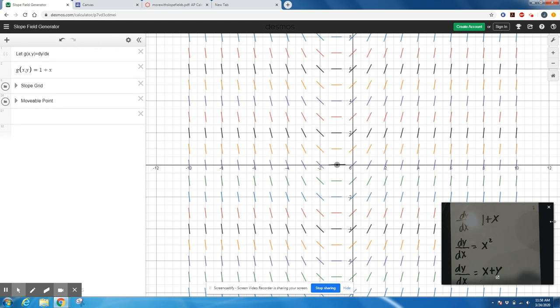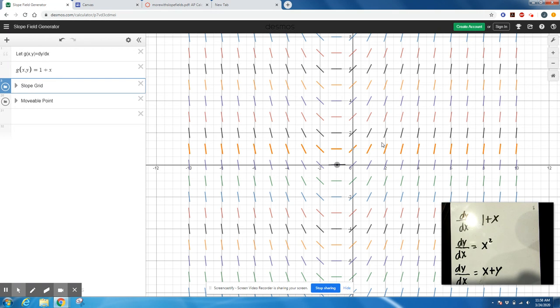If the derivative is 1 plus x, the antiderivative is a parabola, specifically x plus x squared over 2. So it makes sense to me that the slope field looks parabolic.